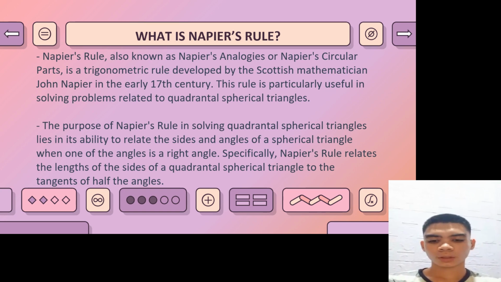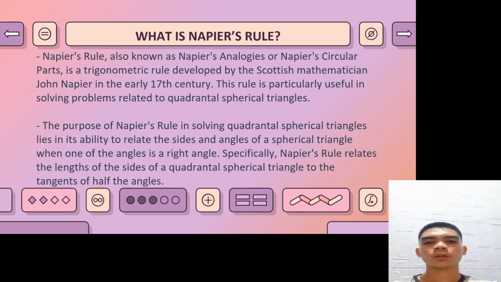Napier's rule is a trigonometric rule developed by a Scottish mathematician. This rule is particularly useful when solving problems related to quadrantal spherical triangles.